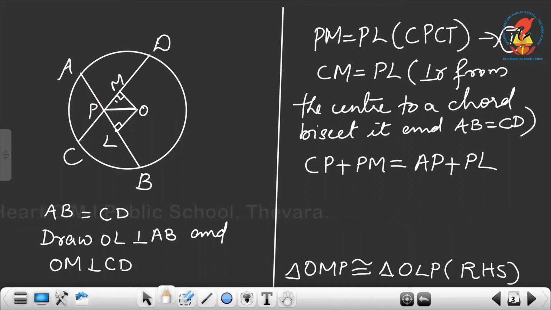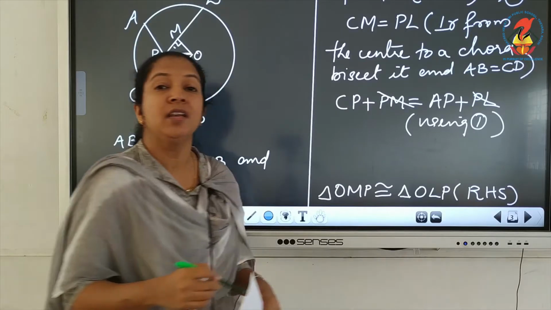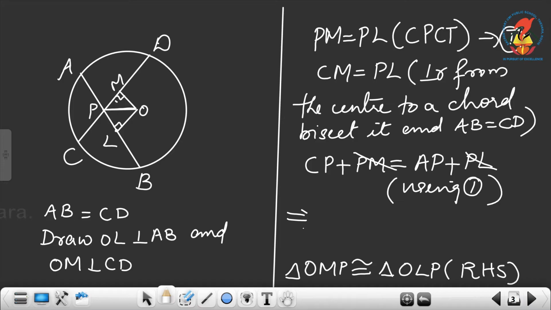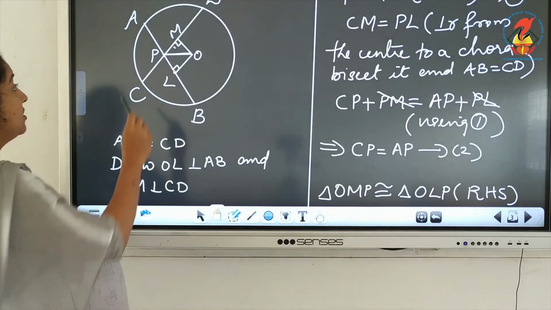But what about PM and PL? Equal, using 1. We can cancel these two. This implies that CP is equal to AP, equation 2. So we got the first result.